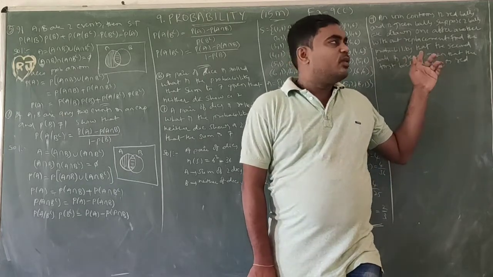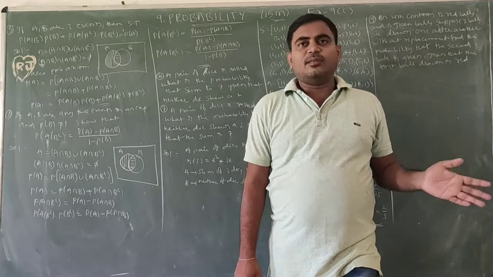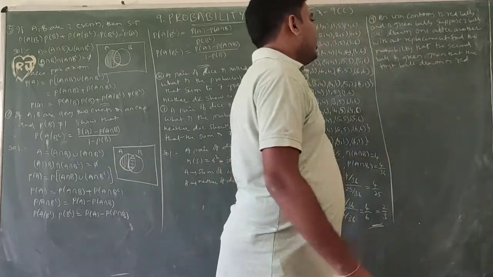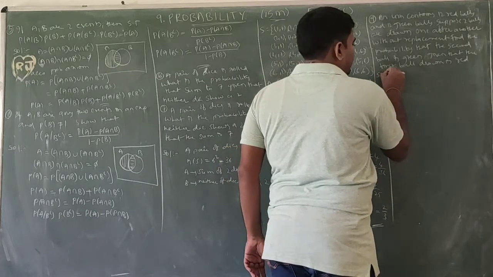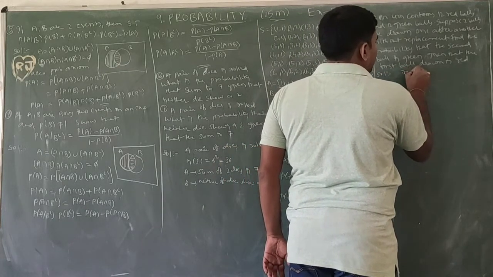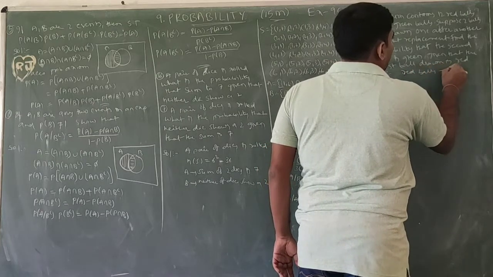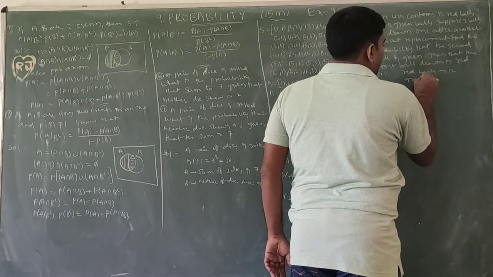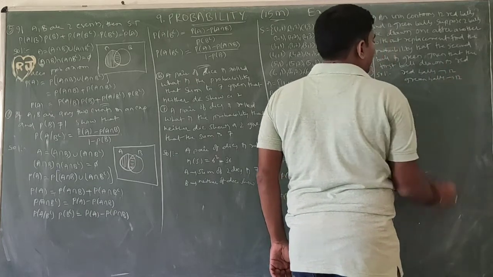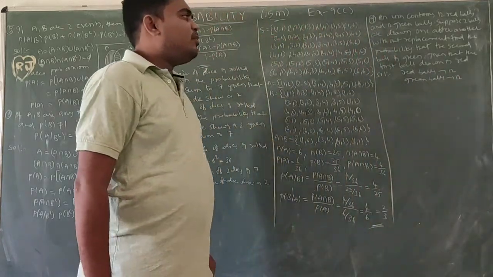So we need the probability of the second ball being green if the first ball is red. Solution. Red balls 12, green balls 12.